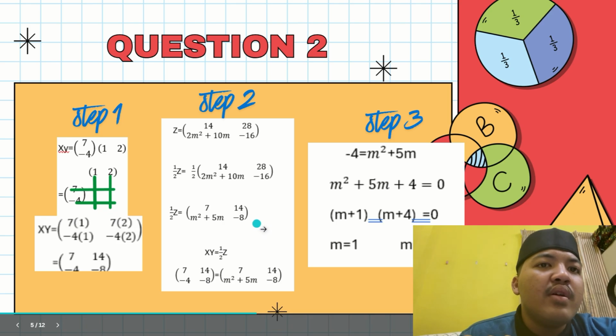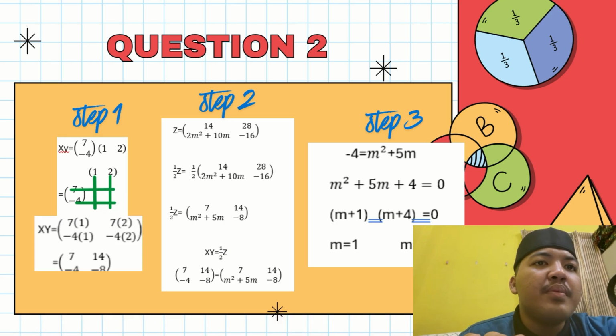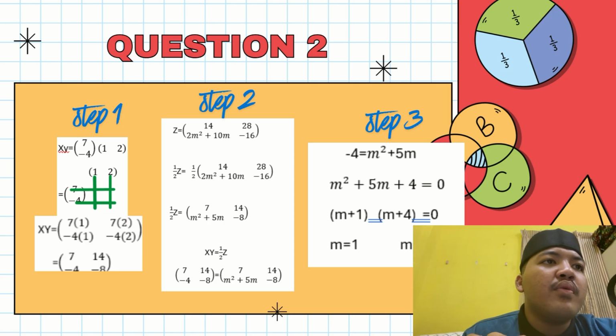And then we move to step 2, where we must find 1/2 Z. The question gives that Z equals 14, 28, 2m square plus 10m, and -16.